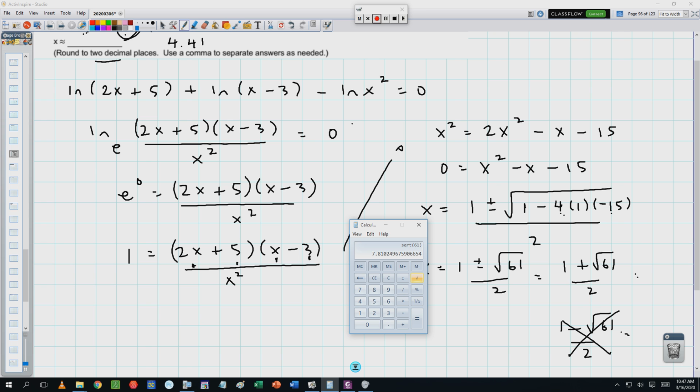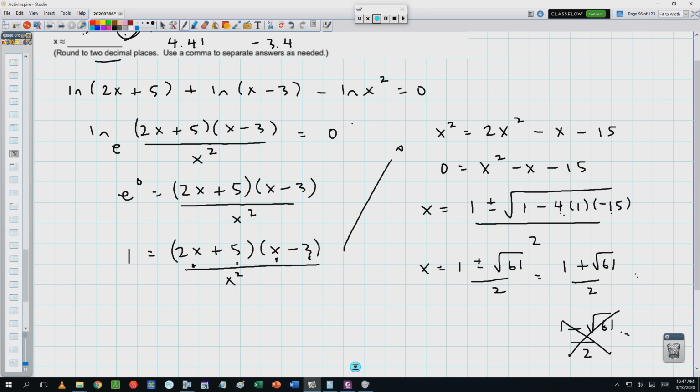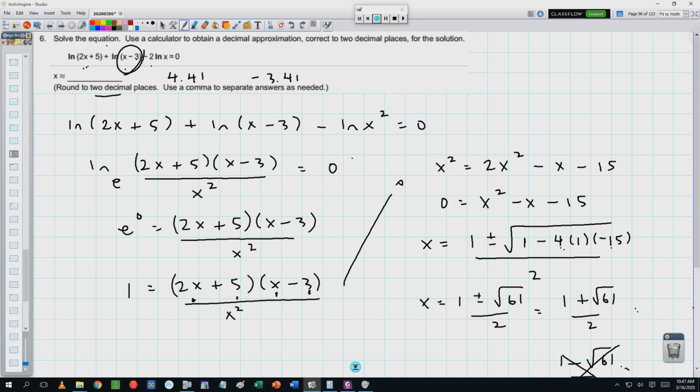So 1 minus 7.81. 1 minus 7.81. I'm going to divide that by 2. And see, that can't work. Because if you were to plug in a negative anything into that second expression, that would be a domain problem. So this answer does not check for this problem. Finally got you there.